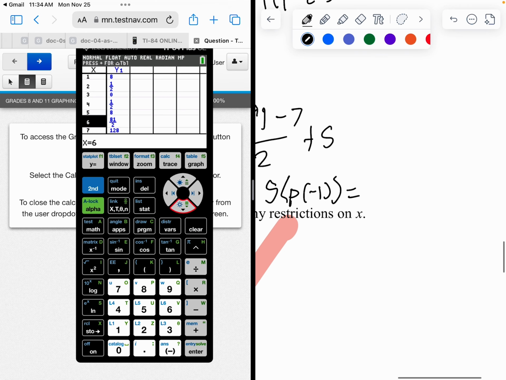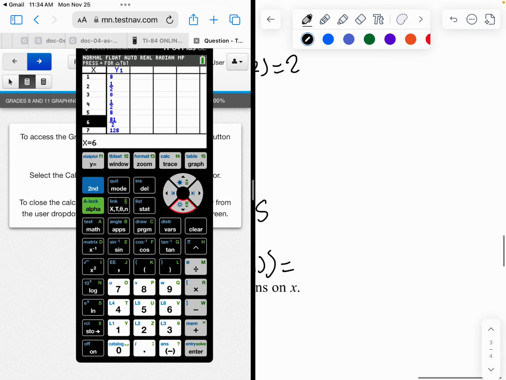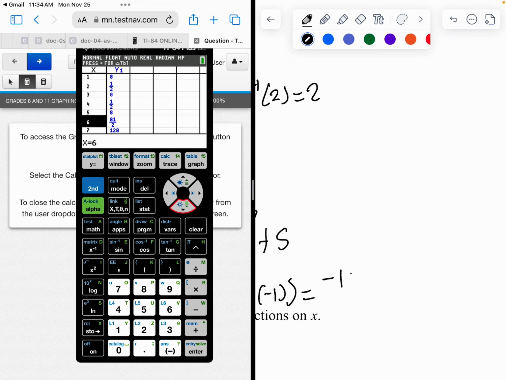Right now our answer is negative 111 over 25, which also equals, I'm going to convert it to an actual number, which equals negative 4.44.